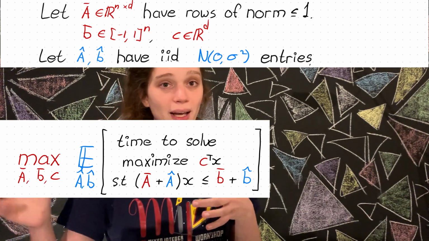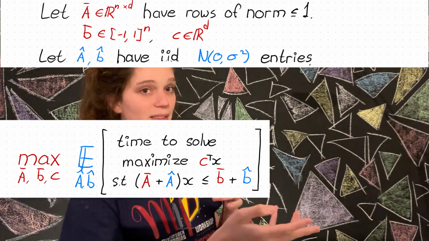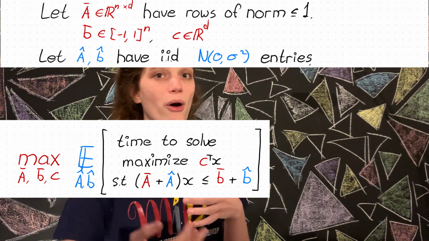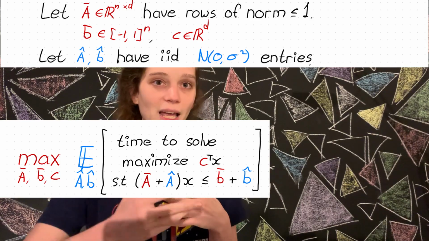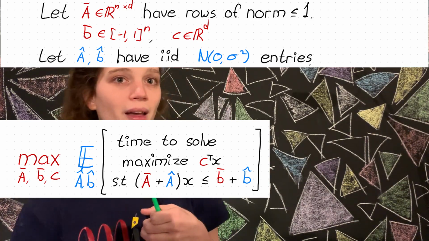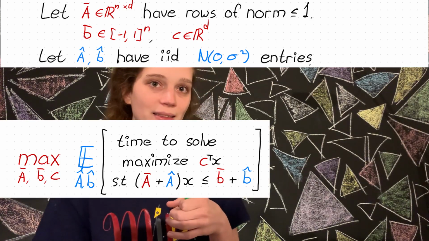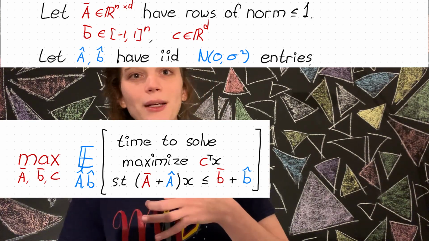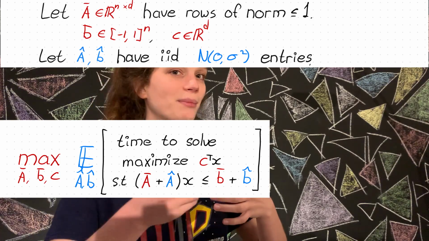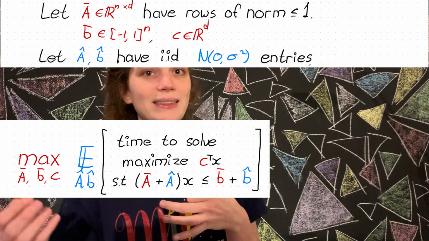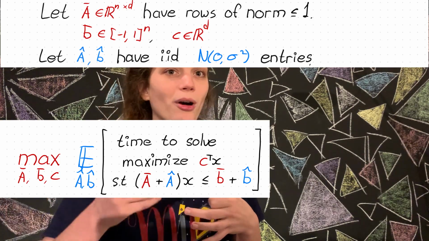So to do that, we define the smooth complexity of our algorithm to be the maximum over the idealized data, A bar, B bar, and C, of the expectation over the noise, A hat and B hat, of the number of pivot steps required to maximize C transpose X, subject to A bar plus A hat, X at most, B bar plus B hat.